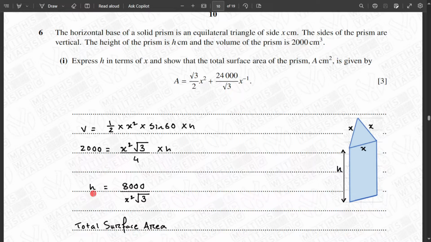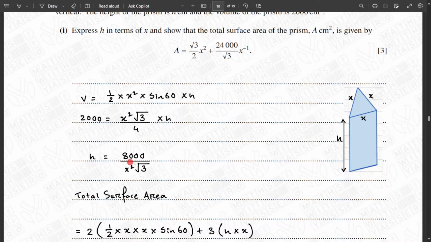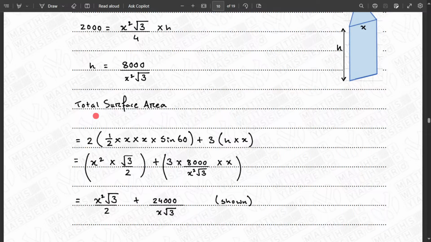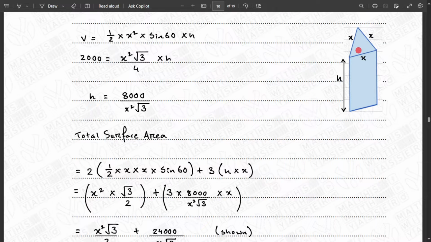So if we make h the subject, it will be 8000 over x square root 3. Now, total surface area. So for the total surface area, we have two triangles, one at the top and one at the bottom.